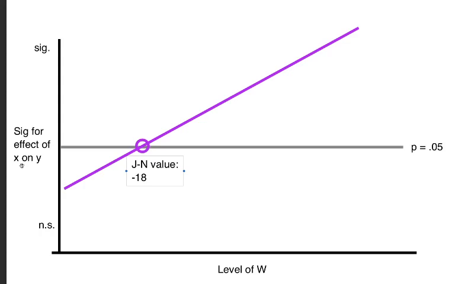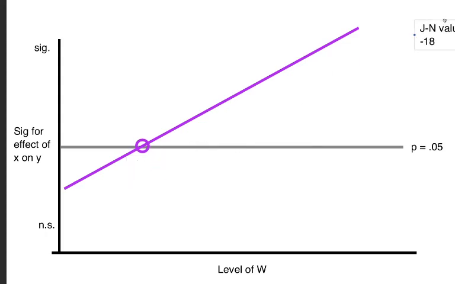X does not have a significant effect on y. But at values above this point, it does. Our example from lab was population density: at population densities above -18, below the mean, attractiveness led to more souls harvested, but it didn't below that.